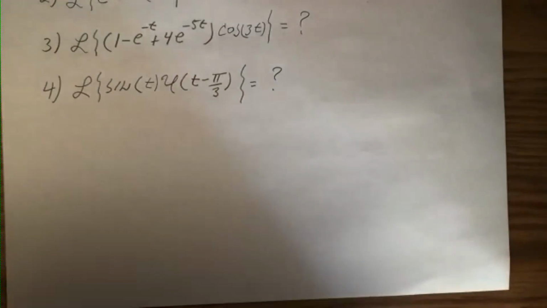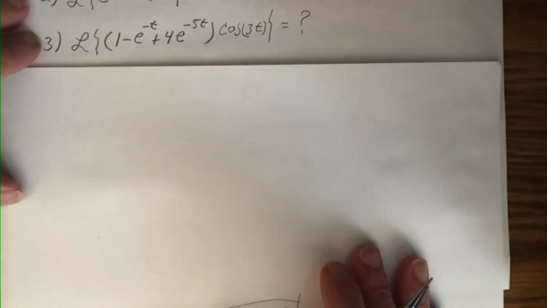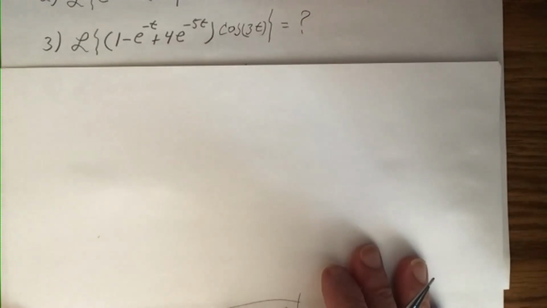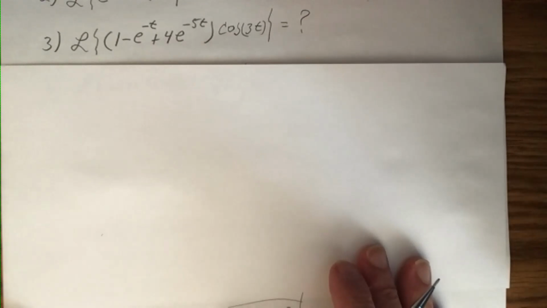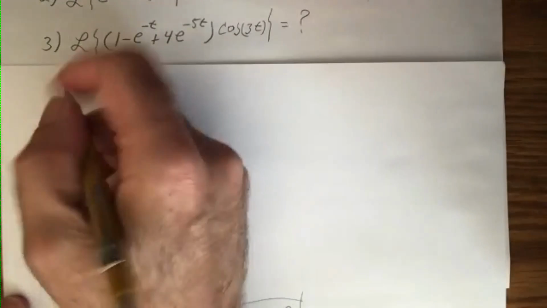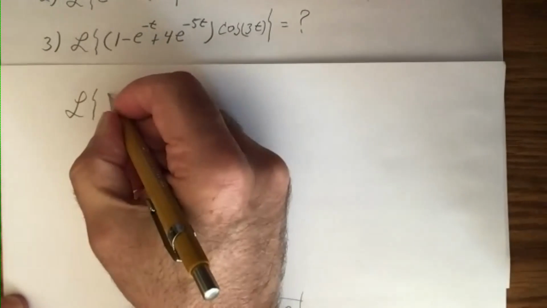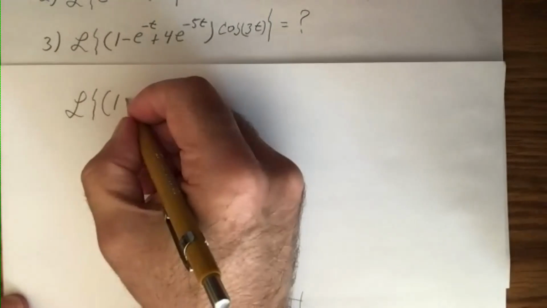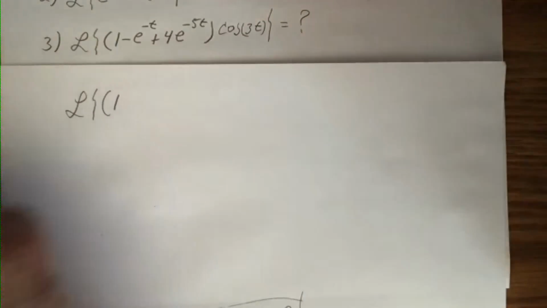Let's see, I'll do it this way. Problem number 3. So what I'll do in problem number 3, I'll just multiply this out, right? So I'm gonna get 1. Well, I don't need to.